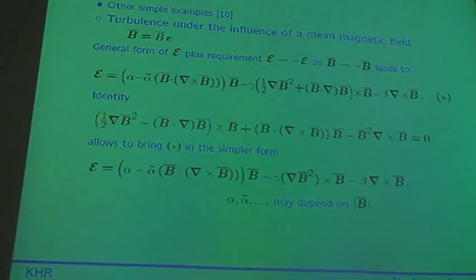Why was this assumption made? Well, because I start from the representation E is alpha times B bar plus a term proportional to the derivative of B. And I have no other derivatives. If I say that the coefficients depend only on B bar, I must assume that the derivative is small.